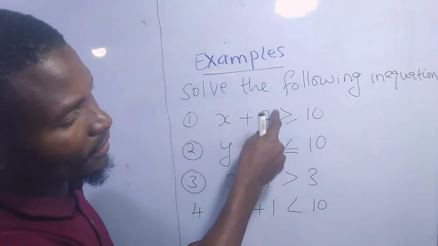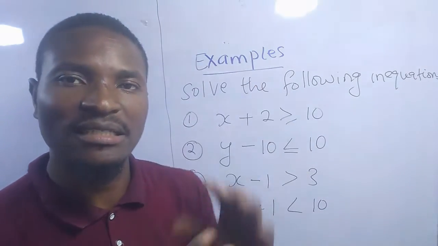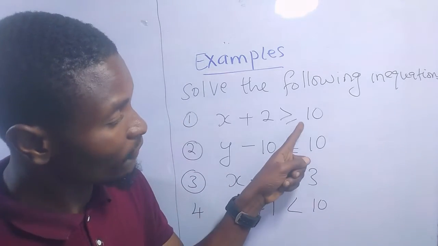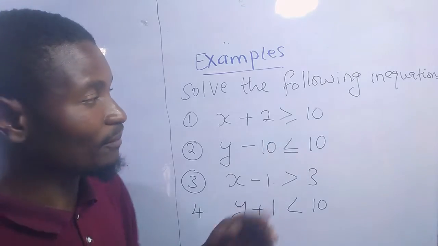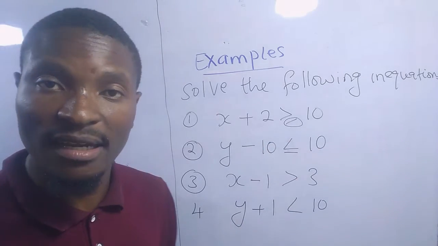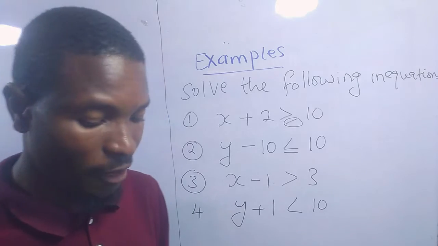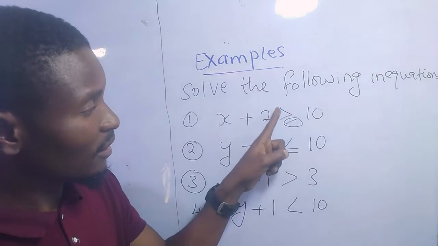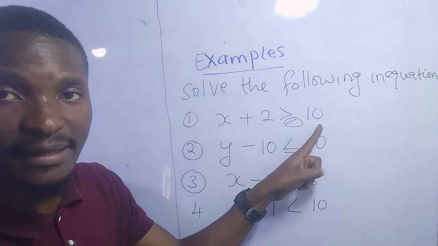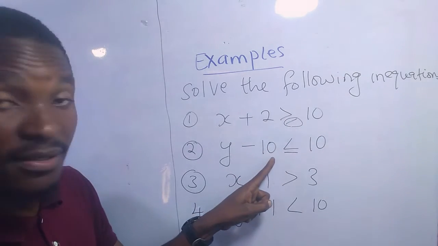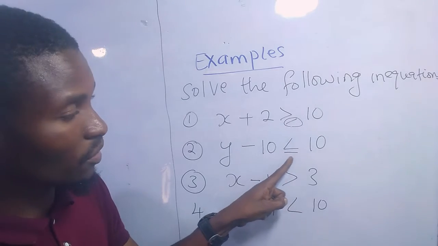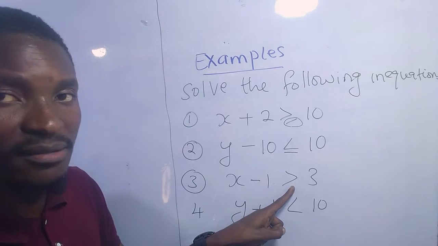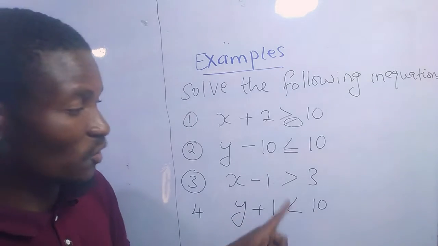The opening part is the greater than, and if there is a bar down there, it is read as equal to. So you're saying x plus 2 is greater than or equal to 10, and then y minus 10 is less than or equal to 10, and then x minus 1 is greater than 3. So this one is just greater than.